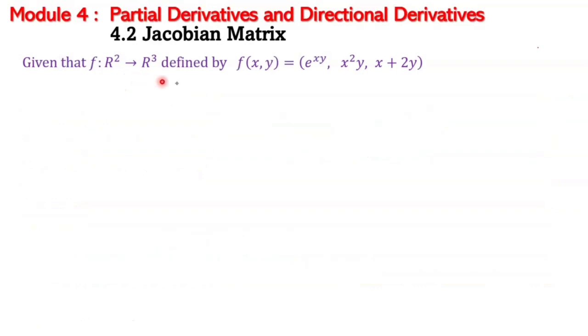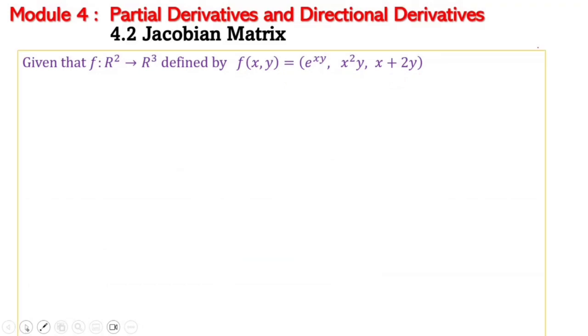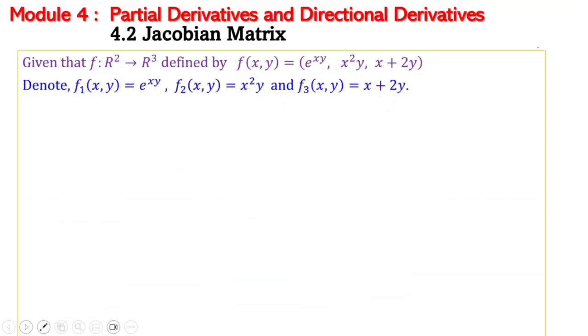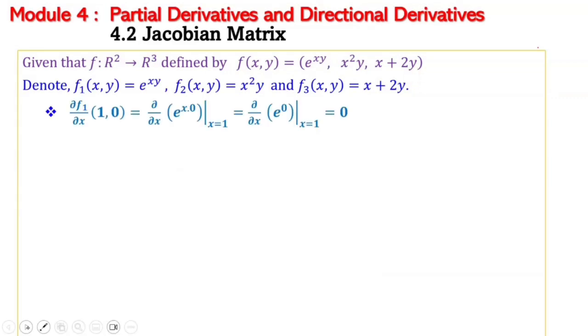Given that f from R^2 to R^3 is defined like this, we take the components of this function: f1 is e to the power xy, f2 is x squared y, and f3 is x plus 2y. Then we calculate the partial derivative of each component with respect to x and y.